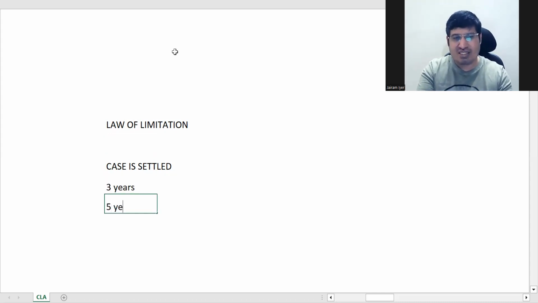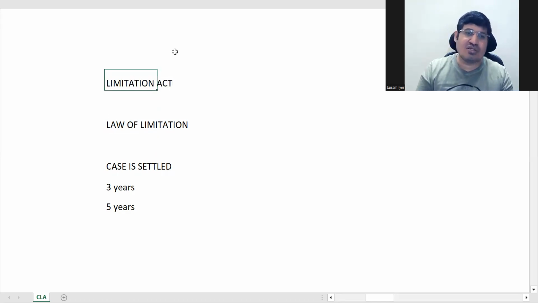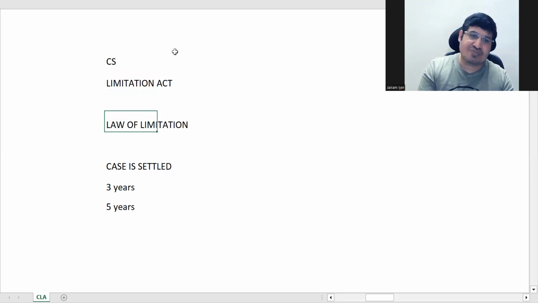For different things there are different terms like that, which are stated by the law of limitation. So it's the Limitation Act. It is an act. This is taught in CS, not there in your course. So this is the law of limitation.